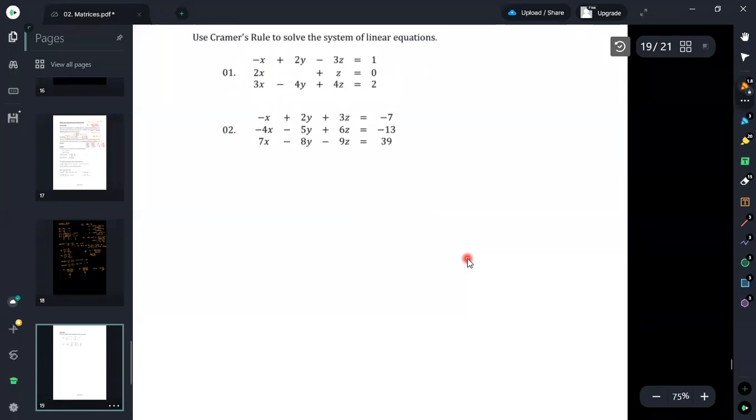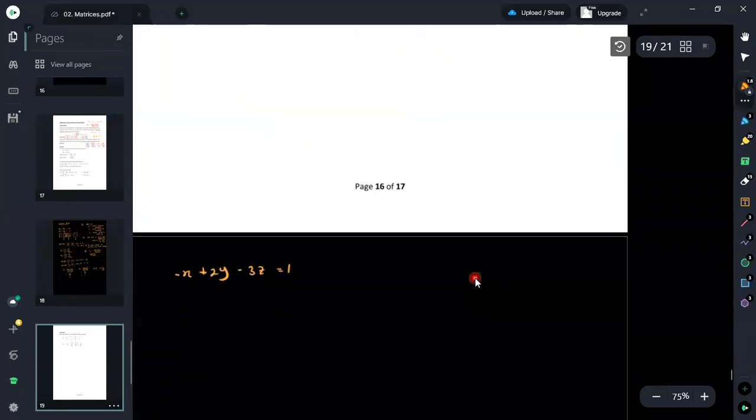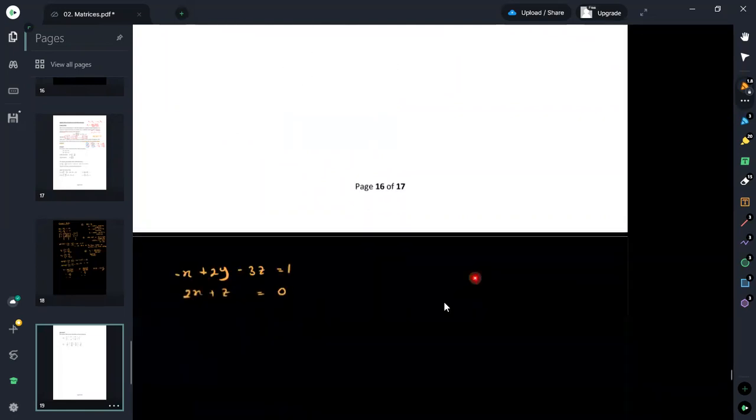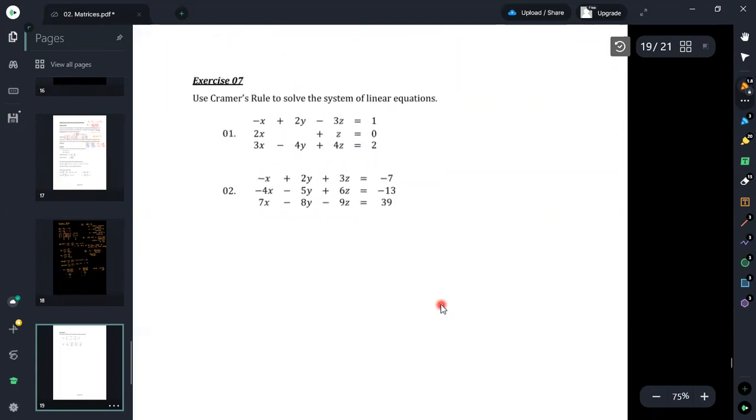Then the next one is given as 2x plus z equals 0. Then 3x minus 4y plus 4z equals 2.